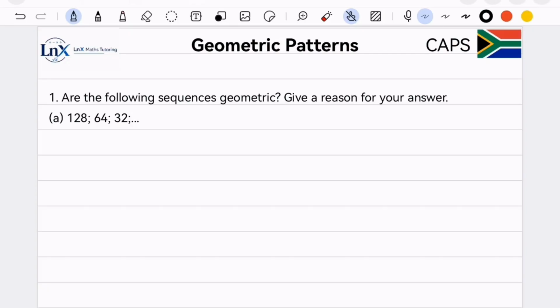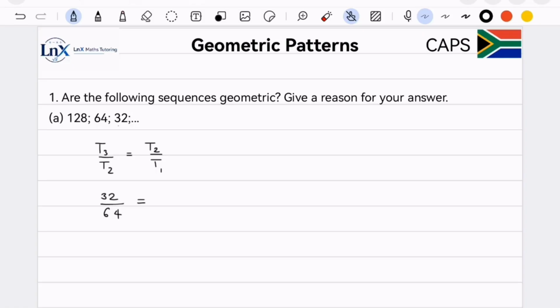Alright, so let's go ahead and solve this question. As I've highlighted, in order for us to determine whether we have a geometric pattern, we need to use this formula: T3 divided by T2 equals T2 divided by T1. Here we can see that our third term is 32, so it would be 32 divided by our second term, which is 64.